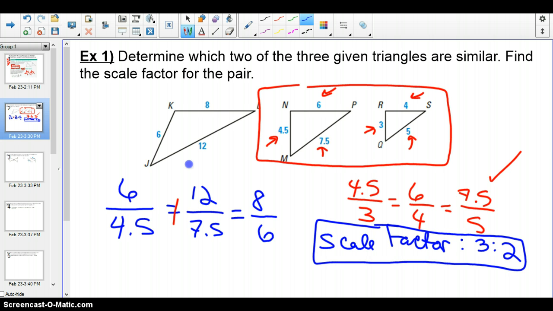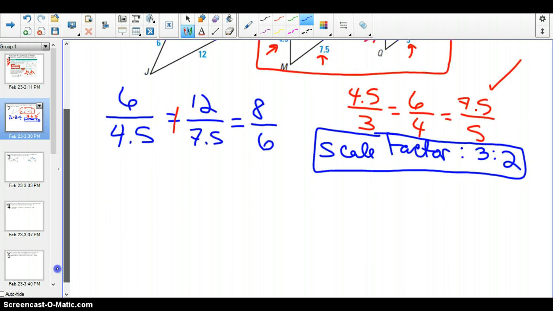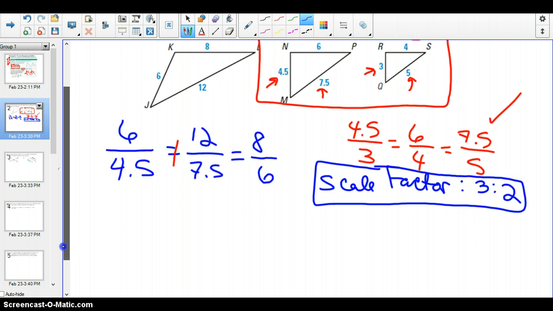Alright, now let's make a statement of proportionality, just so that I know everyone knows what that means and you can do this. All that is just saying write all the ratios of the sides proportional to each other.